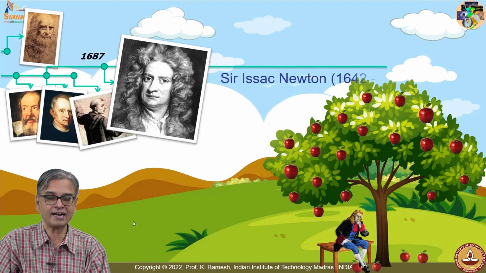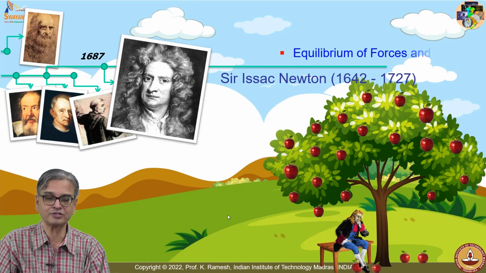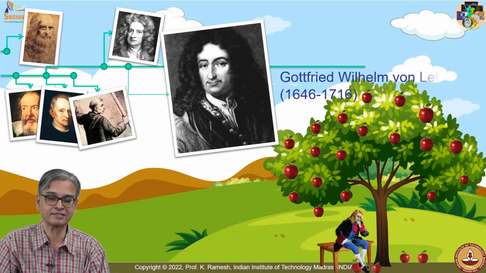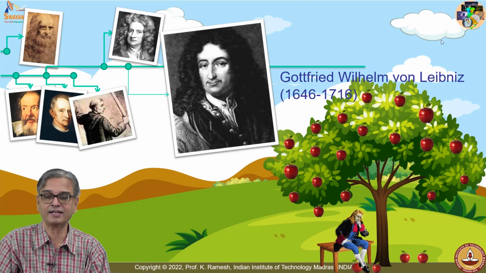Then you had Isaac Newton, who made very significant contributions, and the modern world gives credit for calculus to Newton. We will see some information from India in the next class. You also had Leibniz.